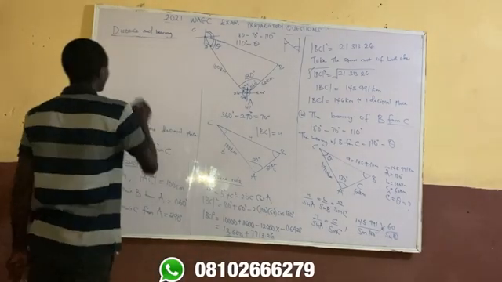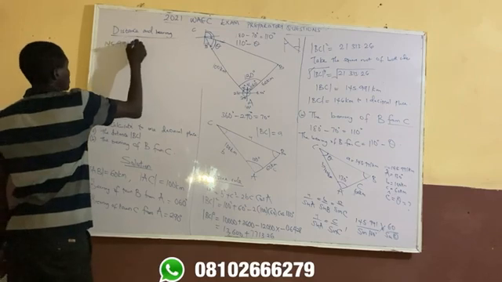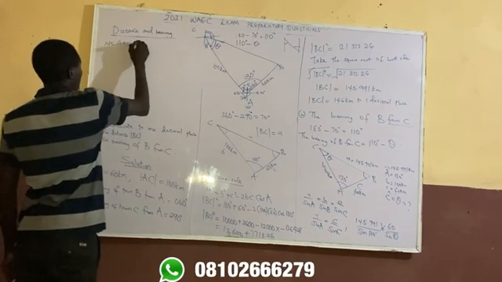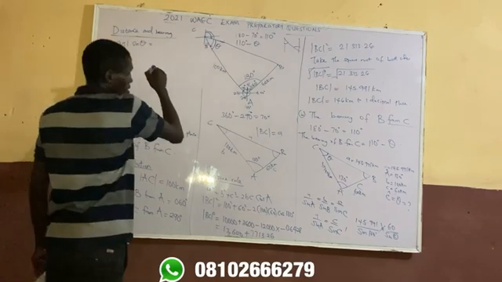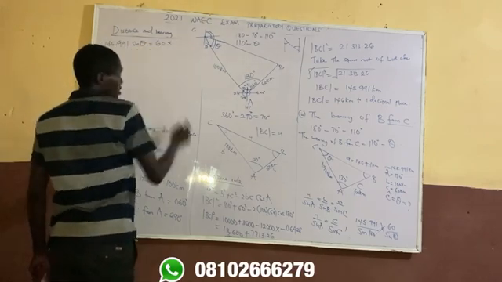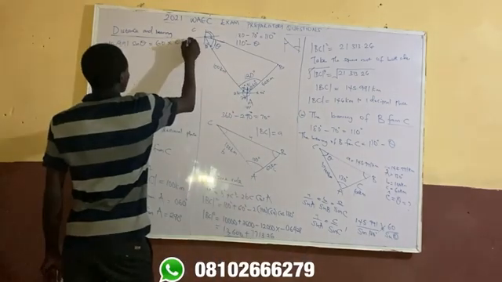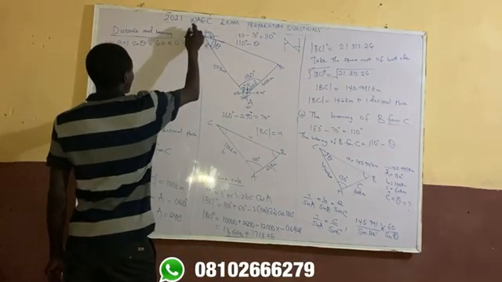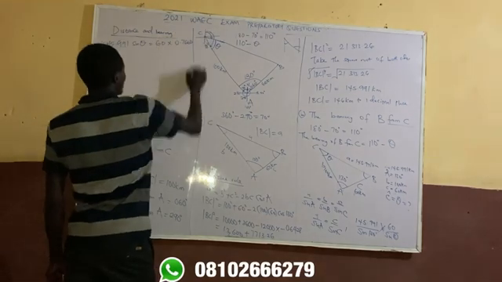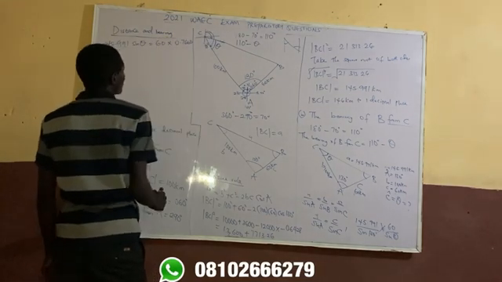So we have 145.991 multiplied by sine theta equals 60 times sine 130, which gives us 0.7660.